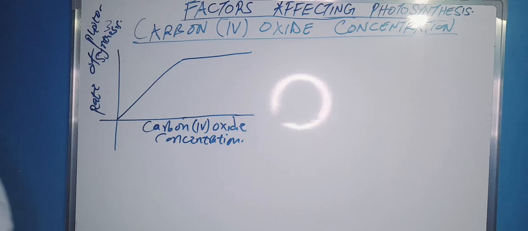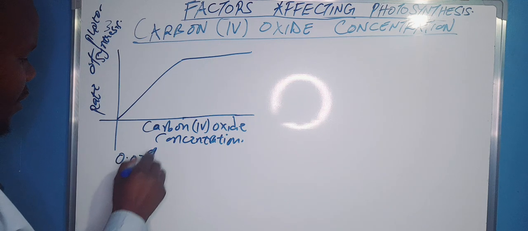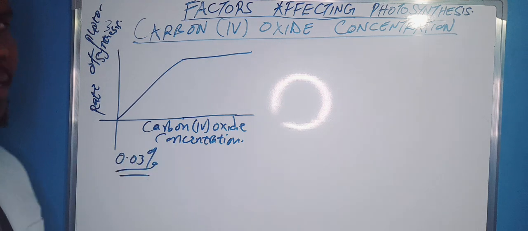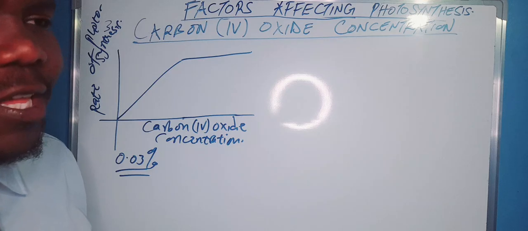First of all, what you should understand is the concentration of this gas in the atmosphere. Its concentration is 0.03% in the atmosphere. God was not wrong making this gas to have the very least concentration.